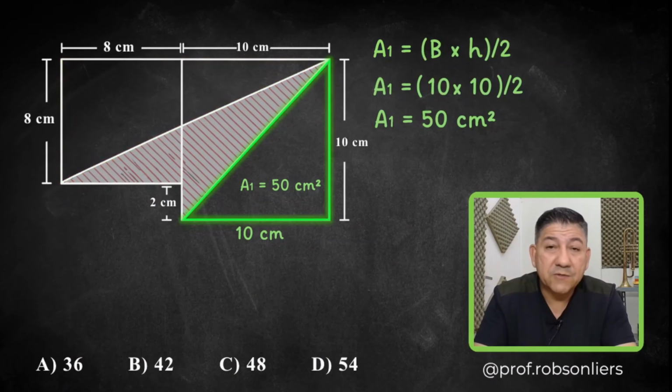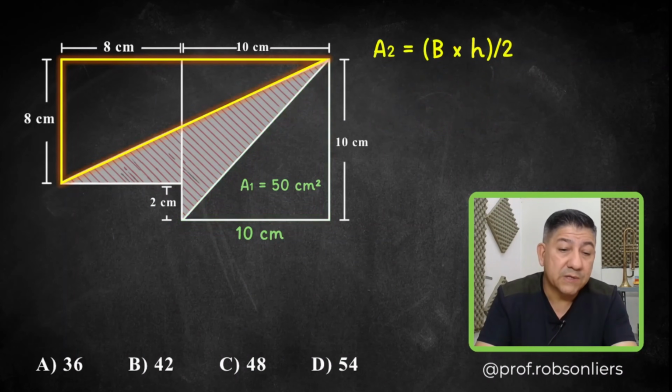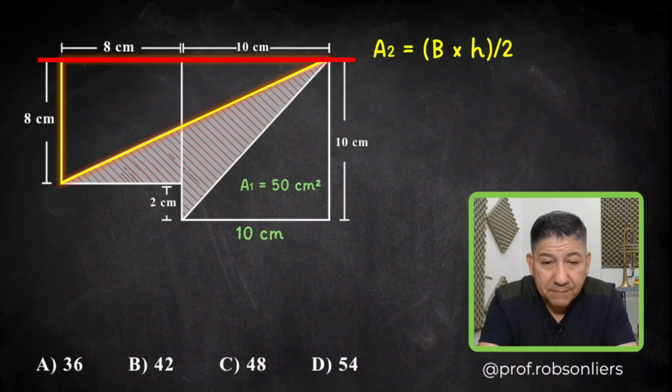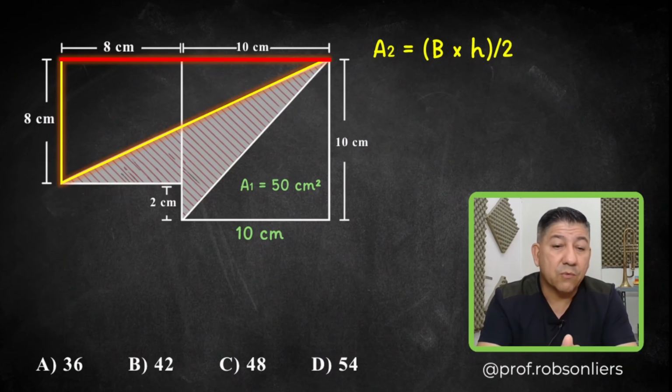Well, the next step, let's calculate the area of this other triangle, this other empty area. I call this area A2, and since it's also a triangle, it's base times height divided by 2. Now, the base of this triangle is this part up here. See, I have 8 centimeters plus 10 centimeters. So the base of this triangle is 18 centimeters and the height is 8, all right?